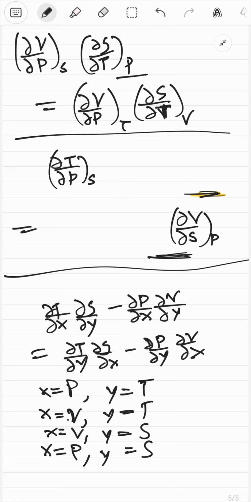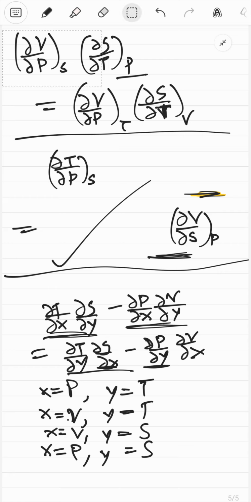Yeah, so what do you get? This is just a partial P term. Okay, no, not this one, sorry. Oh yeah, okay, it is. And this is the partial V by partial S term, and this cancels because X equal to P. So yeah, this is true, obviously.